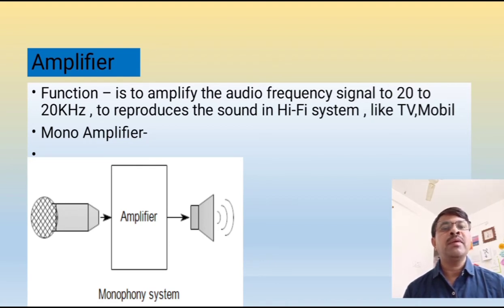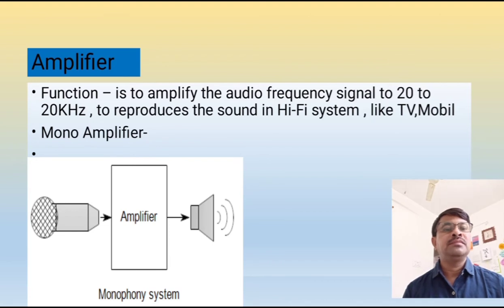One will be the pre-amplifier, another will be the power amplifier. Pre-amplifier is used at the microphone side and power amplifier is used at the speaker side. The function of pre-amplifier is to increase strength of microphone signal output, and the function of power amplifier is to increase the power of signal which is given to the speaker.